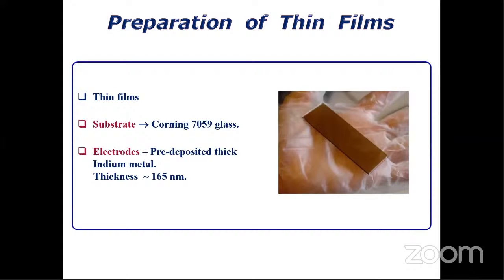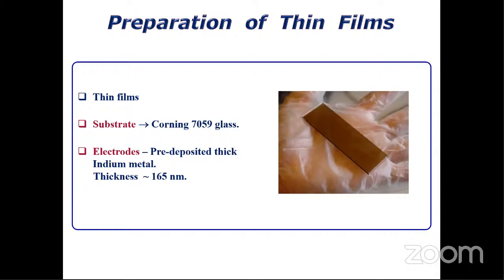Our purpose is that the diffusion of these metals, when you apply the electric field or the temperature, does not go inside the material of the thin films. So just to avoid that, we have taken indium, because we have measured in our laboratory which metal diffuses fast as compared to other ones.